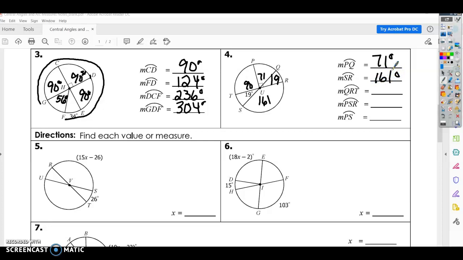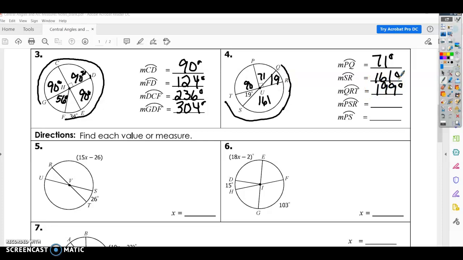And QRT, that's a major arc, so QRT. So that's going to be the 180 plus 19. So semicircle, 180 plus the 19 is 199.